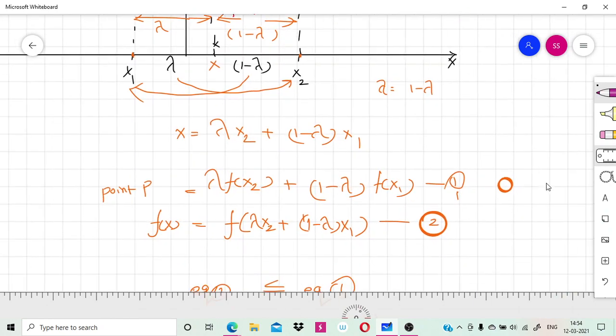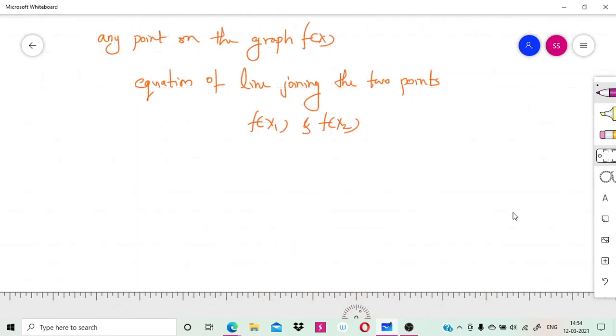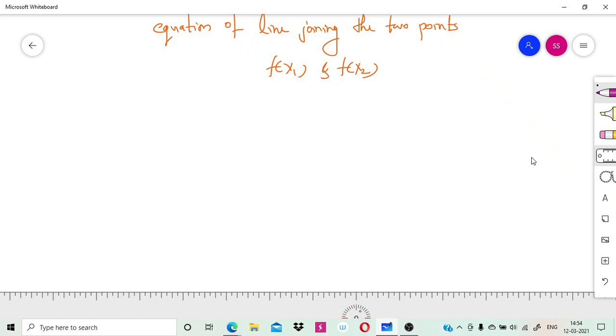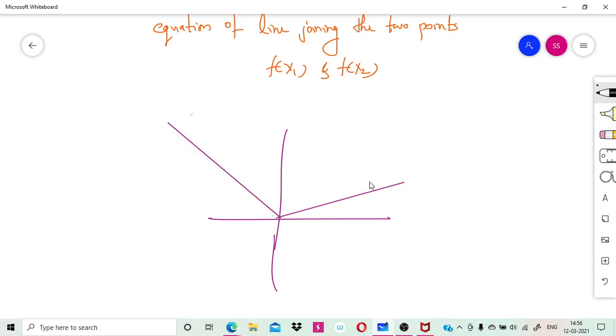Now let us understand whether a function like this is a convex function or not.